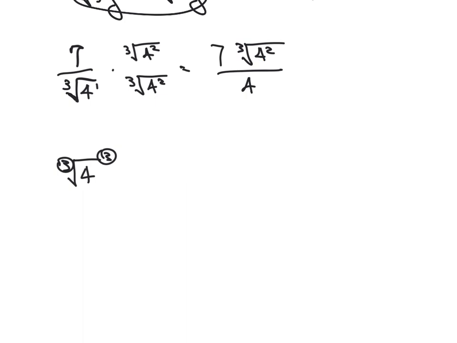Or this 4 squared, I'm going to put it down here just to show you, can also be 2 squared, or 2 to the 2 times 2 power, 2 to the 4th power. So that's what I'm going to do, I'm going to put 7 cubed root of 2 to the 4th power there, all over 4.